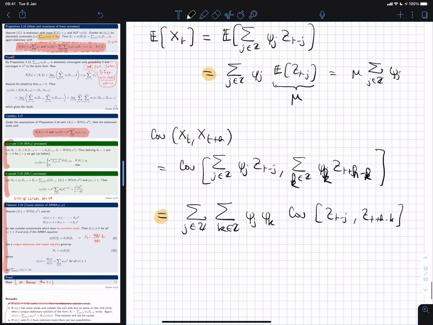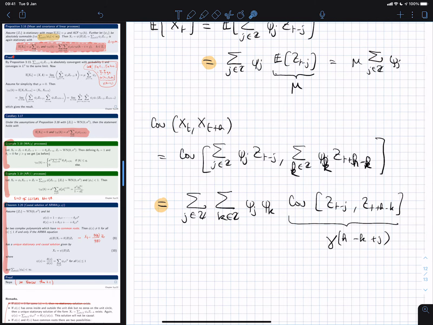And here I use stationarity of my Z_t's to say that this is equal to gamma of the difference between this guy and this guy. So it's gamma of h minus k plus j.